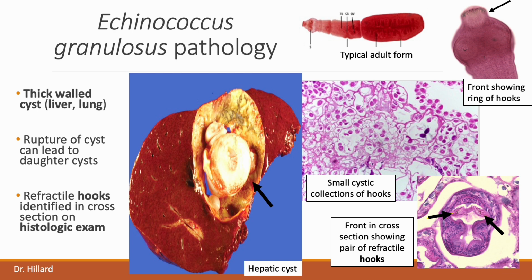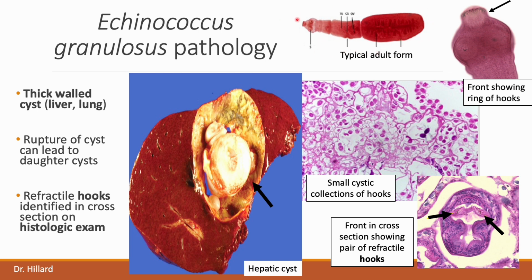On histologic examination, refractile hooks can be seen which can provide a definitive diagnosis. Here we see a red-brown liver specimen with a large hepatic cyst, and here we see a stained adult Echinococcus organism.